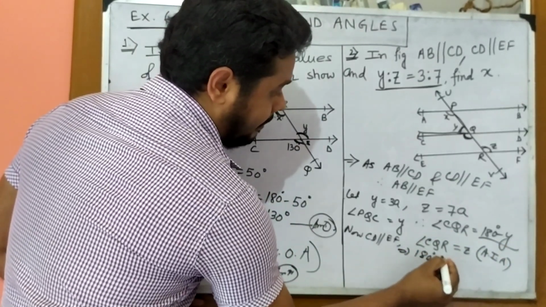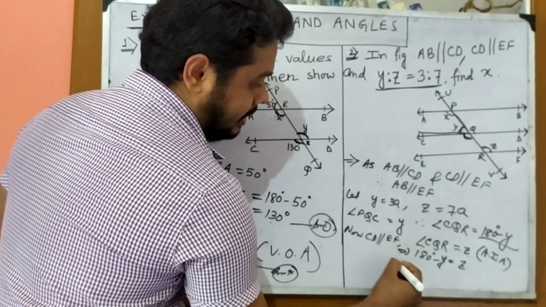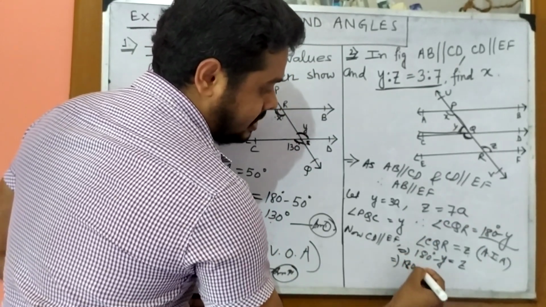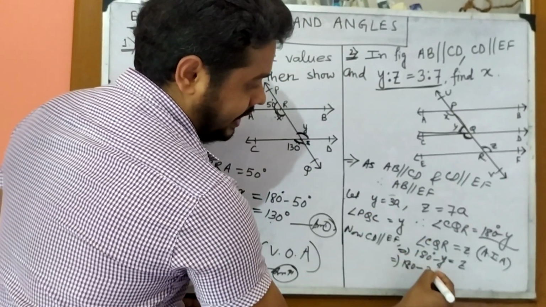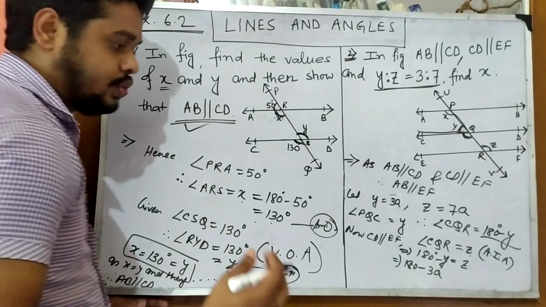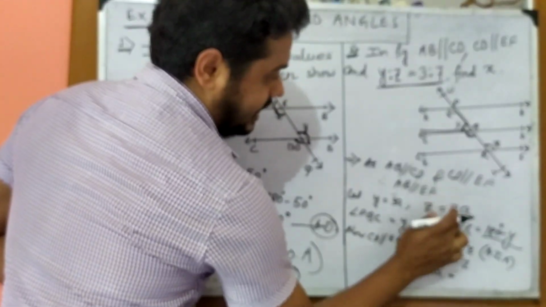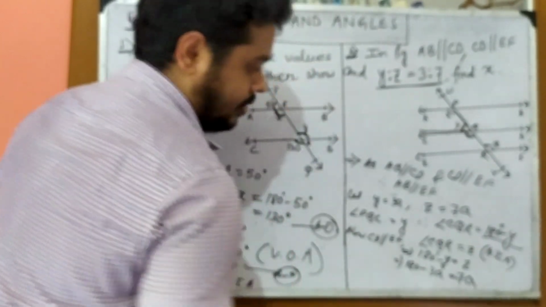Now what is the value of CQR? 180 degrees minus y. And z means z, no problem. Now in 180 minus y, y is our 3a, so in place of y we can put 3a, and the value of z is 7a.